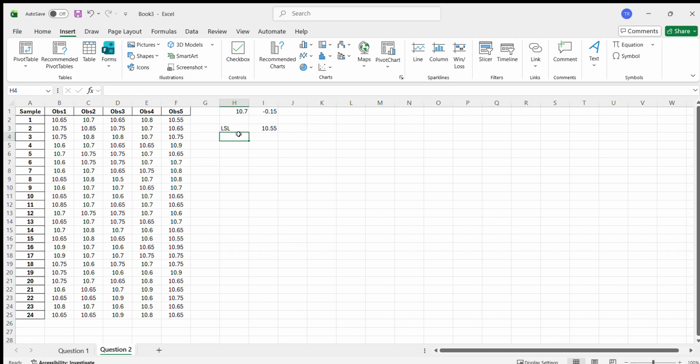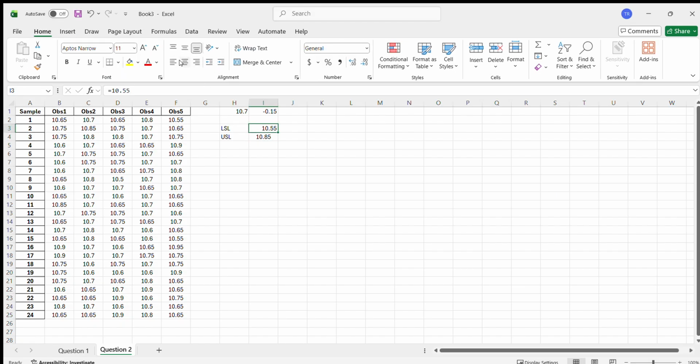I'll just disregard that for now. So the upper specification limit then is 10.85, and the target itself is 10.7.